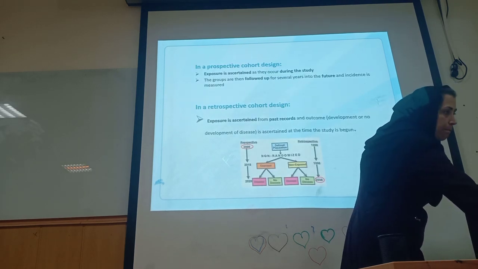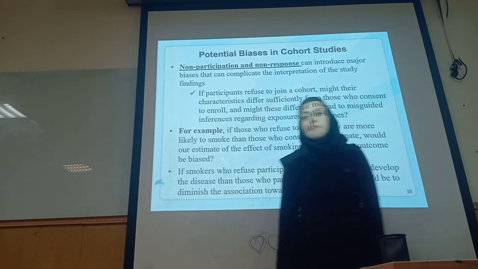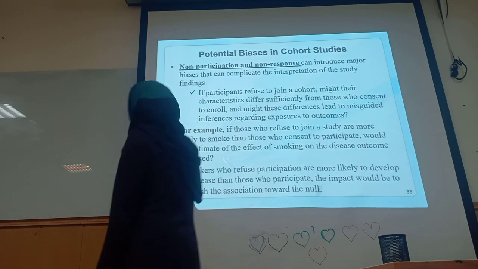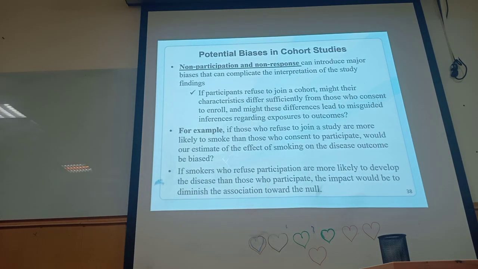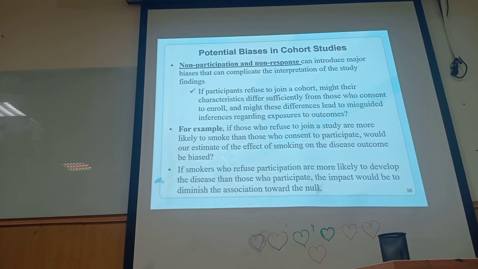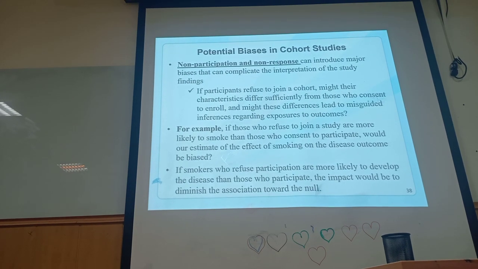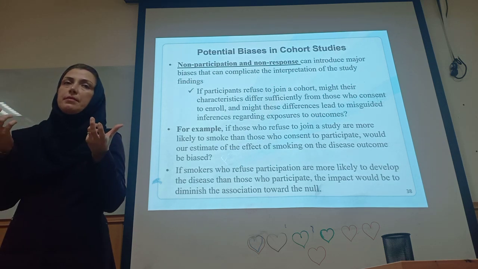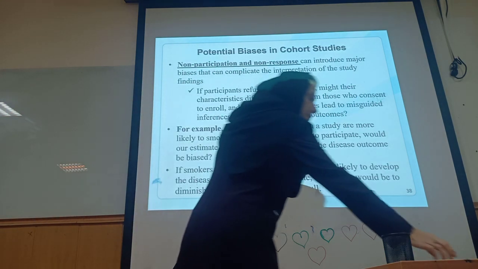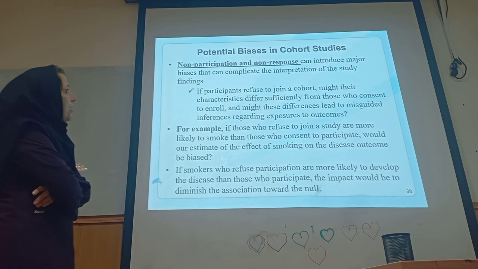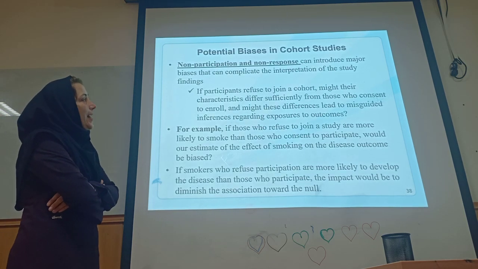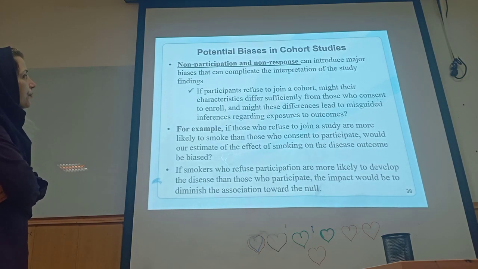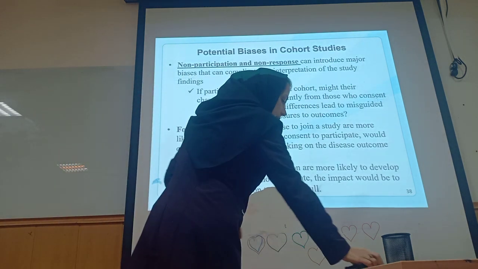But we have some potential biases in cohort study. Bias is a kind of systematic error that may mislead the study results. One is non-participation and non-response. What does it mean?